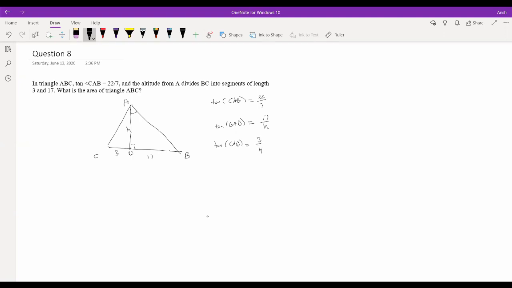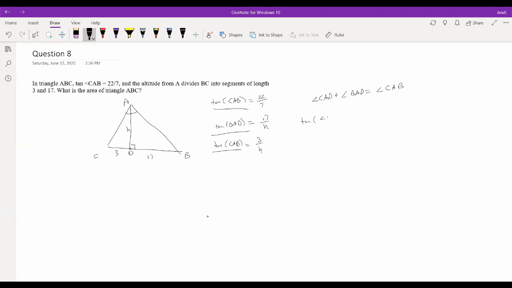So what we can do now is, well, we know tangents of BAD, CAD, and CAB. We can just write an equation out with the sum of tangents. We know that tangent of CAB is equal to the tangent of DAB plus CAD.